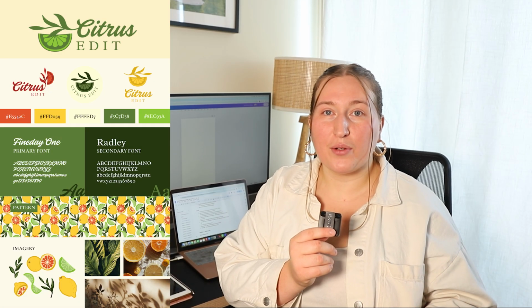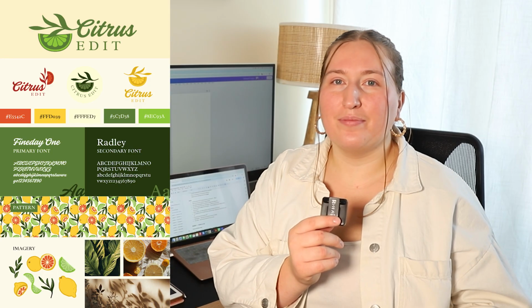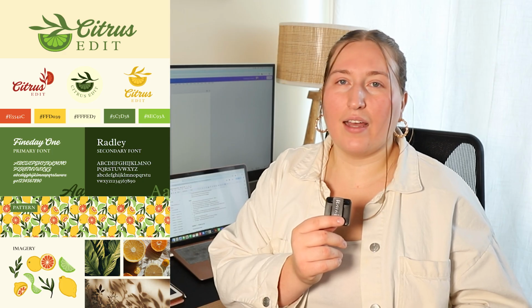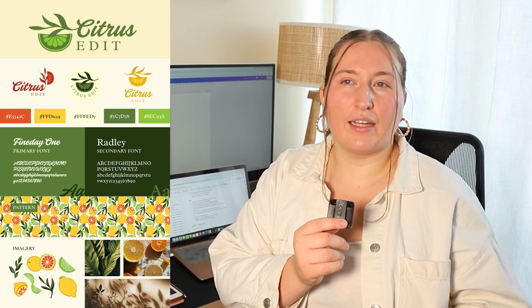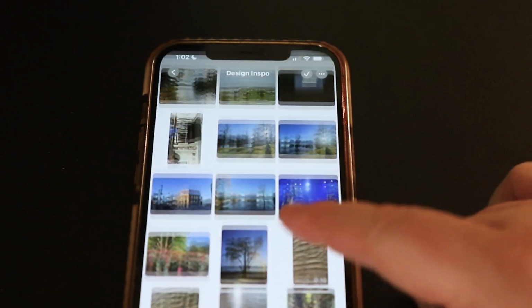In this design process, I'm going to show you how I turned 5 photos into a mini brand kit. Now, why do I do this, you might ask? I have so many photos of design elements that I see all around throughout my day.